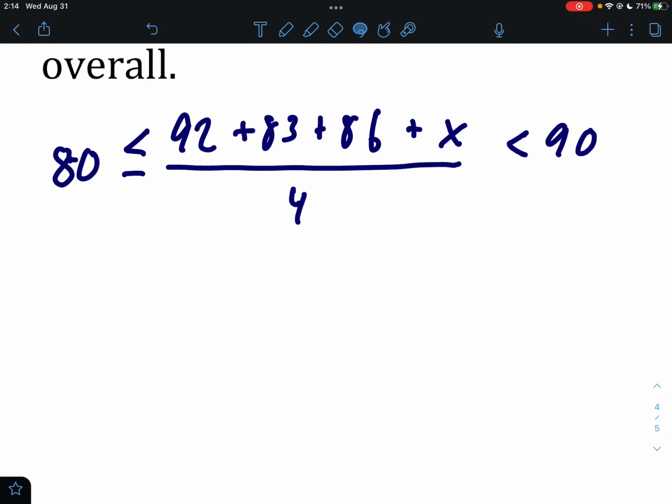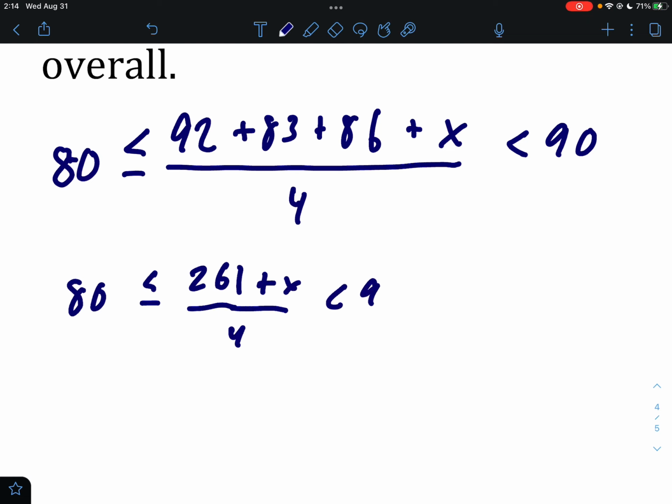Okay, so adding 83 and 86 and 92 together first, combine like terms there. Let's see, we would get 250 plus 11, 261 plus x over 4. Multiply through by 4.